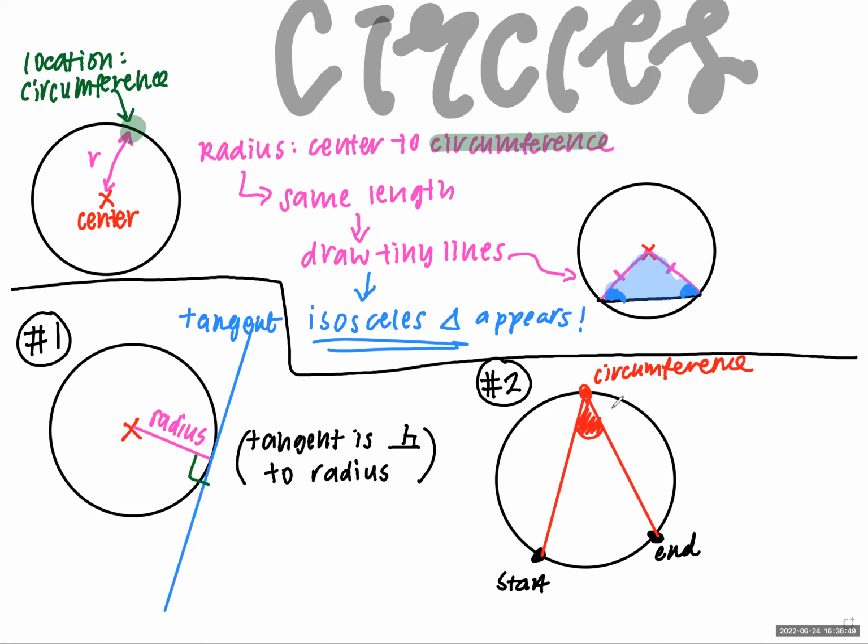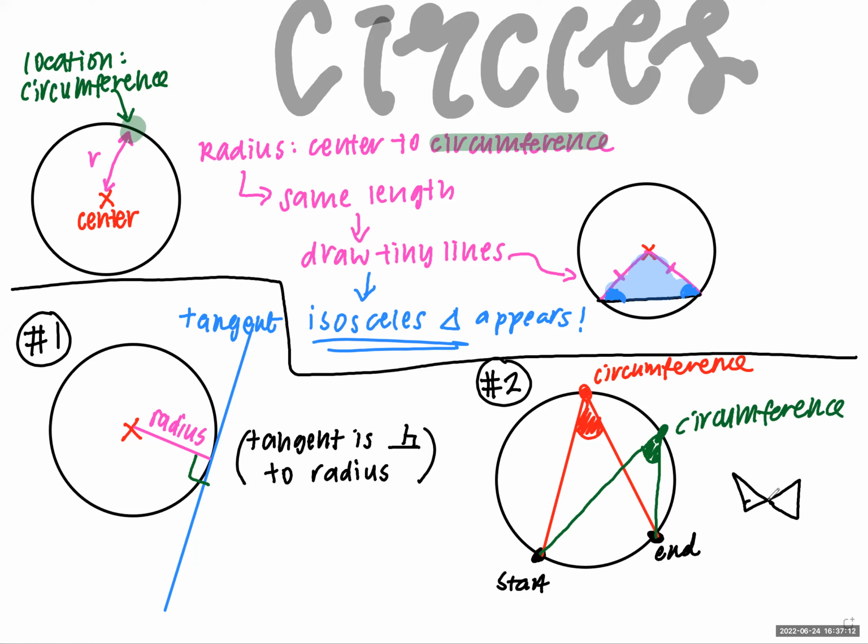Next is also the same thing. We have a start, we touch another circumference point, and then we go back to the end. So can you see that? Usually I call this a bow tie. Like a bow tie.